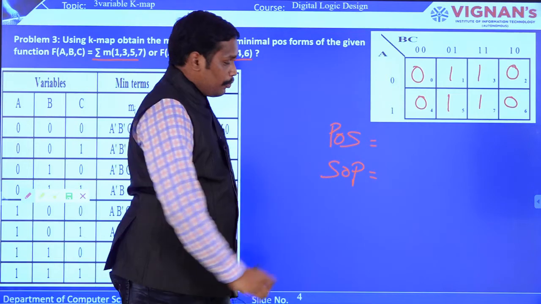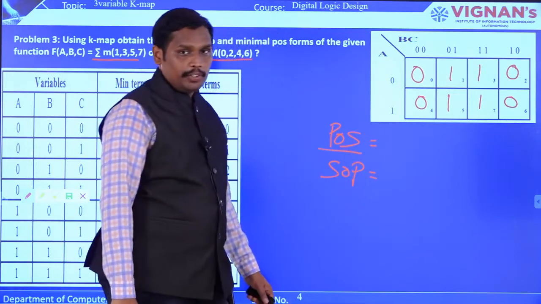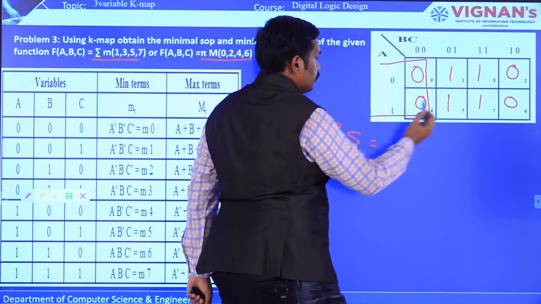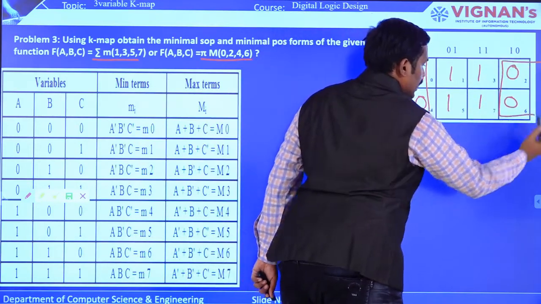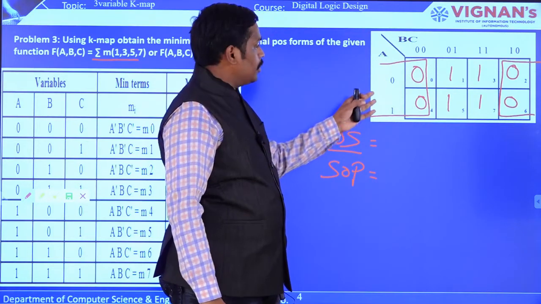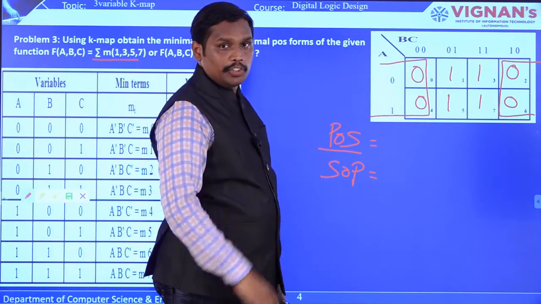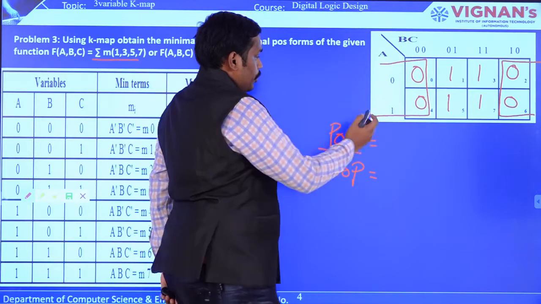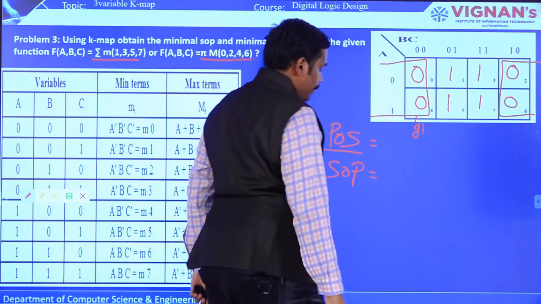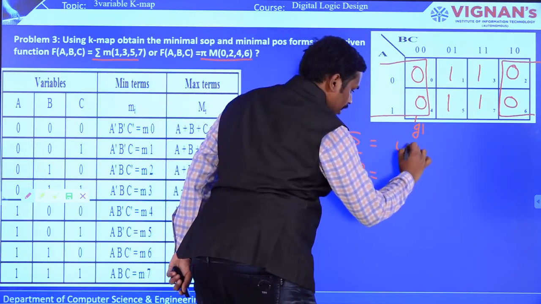Okay, so for product of sums, we are going to compare zeros. So for zeros, you can see that this is forming a group with quad nature, which are 4 zeros. So this particular thing is called group G1 for POS.